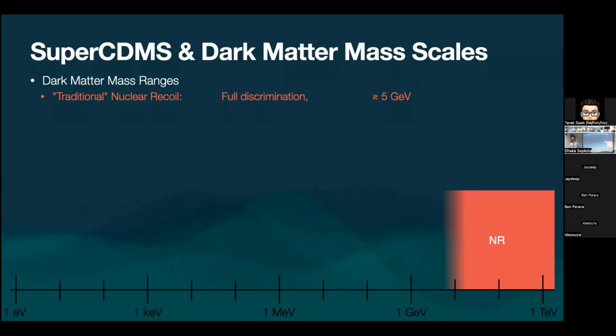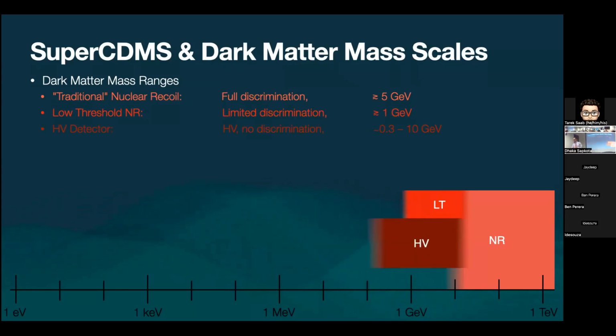With clever data analysis, you can extend the reach in mass a little bit lower. You give up a little on your background rejection sensitivity, but you extend it down to maybe a factor of a few more in mass, but not much lower.